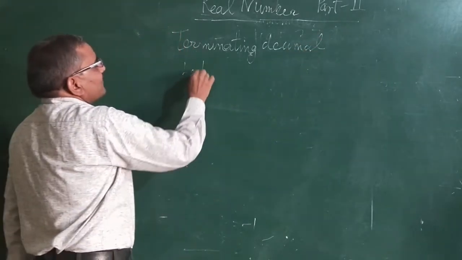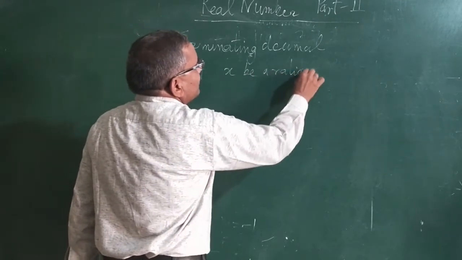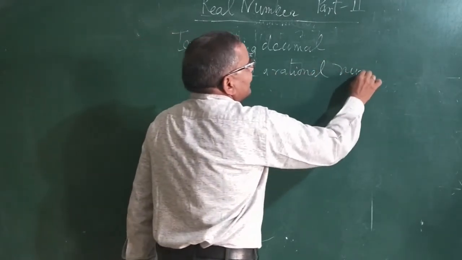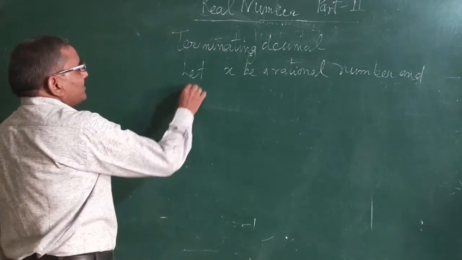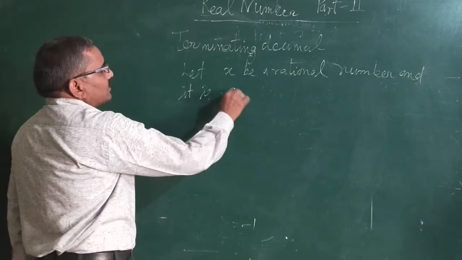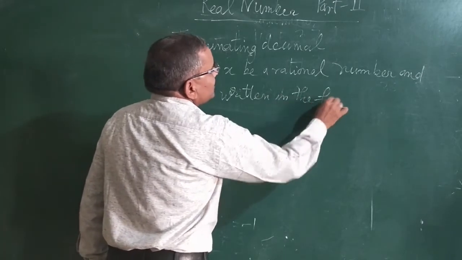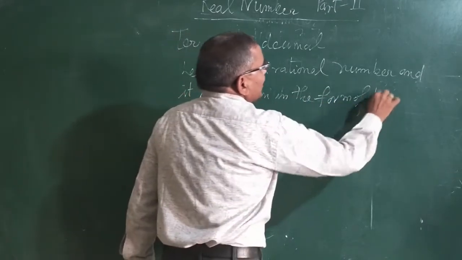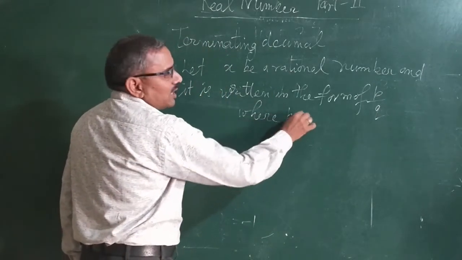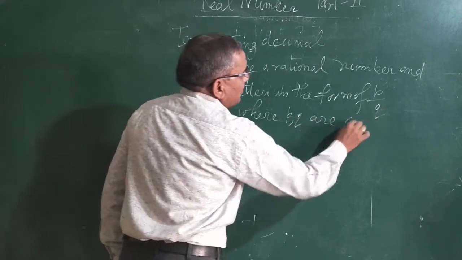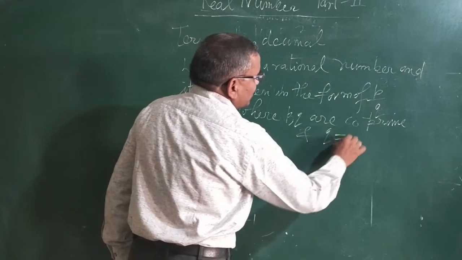Let x be a rational number and it is written in the form of p by q, where p, q are co-prime and q is not equal to 0.